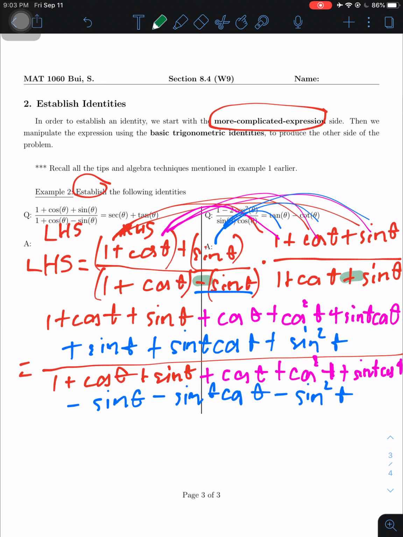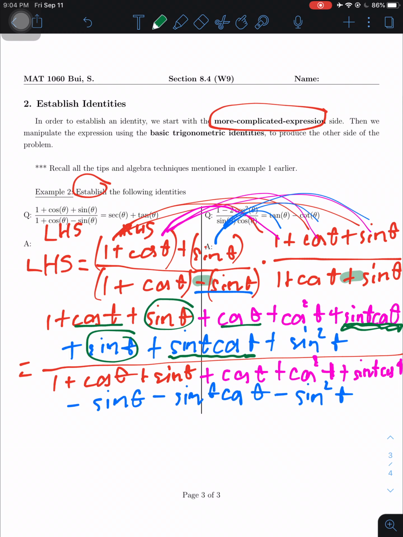Okay, what can we combine or cancel on the top part? Well, we can combine this 1 with that 1, right? And then we can also combine this cosine with that cosine. And then, what else? We can combine this psi cos and this psi cos, right?